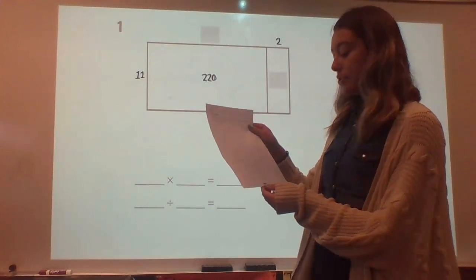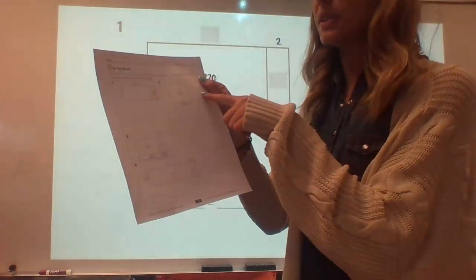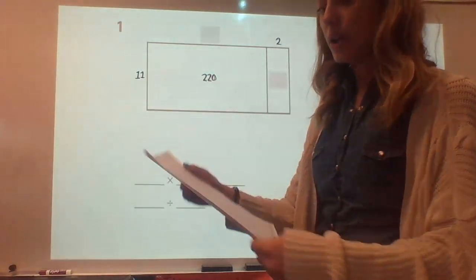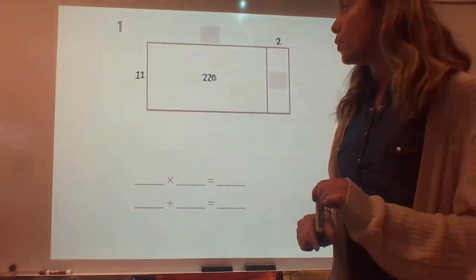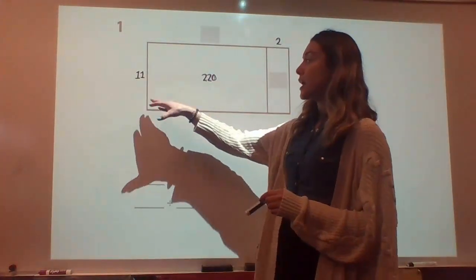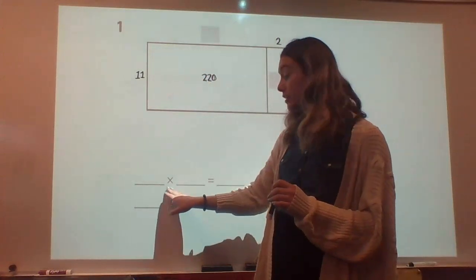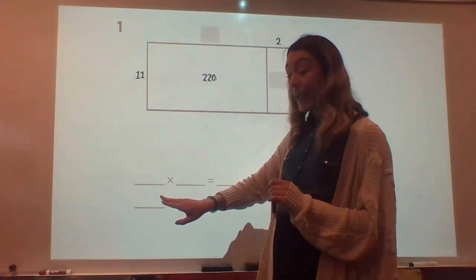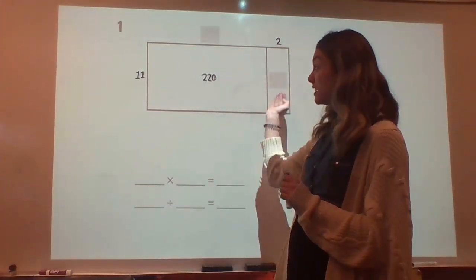Hello, so we are on page 258 and we are going to do number 1 and 2 together on array work. And then I'd like you to do the other ones on your own. As you can look at number 1, you see that there are no equations for us. We have to fill in the multiplication equation and the division equation from what they've given us and fill in these blanks.